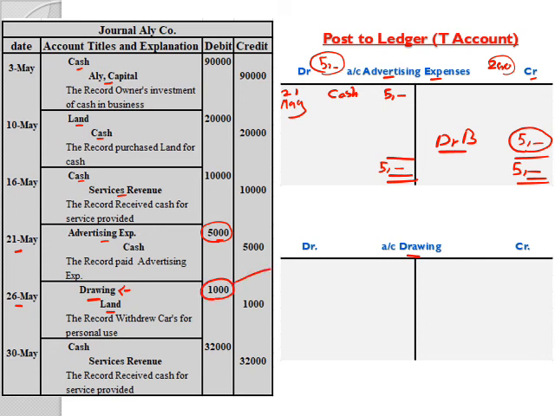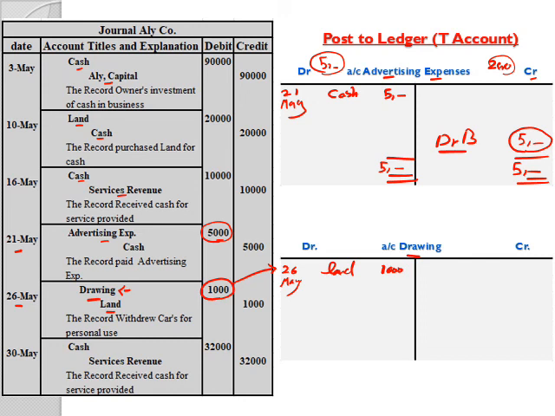Okay, transfer to the debit side 1,000, and in the debit side, land, withdraw land, date 26 May. Any entries in land, initially transaction number 5.